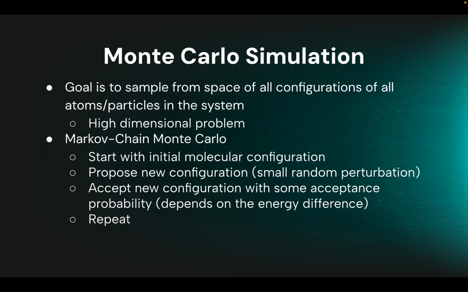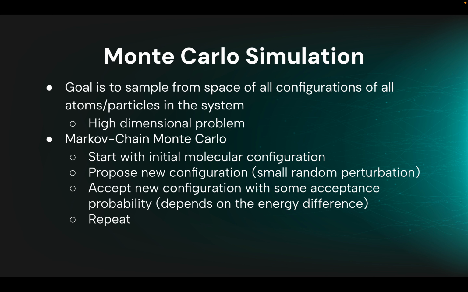And to sample from this high dimensional probability distribution, we can't do it directly. We need to use Markov chain Monte Carlo. How does this work? We start with some initial molecular configuration, some initial positions of all the atoms in our system, and we propose a new configuration with a small perturbation.